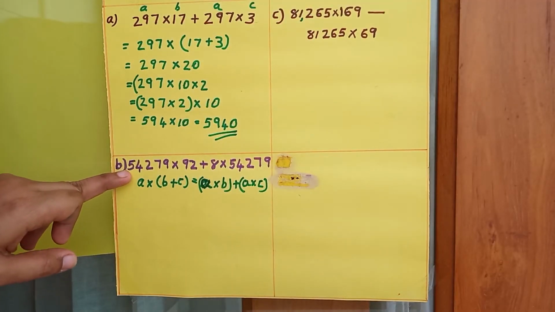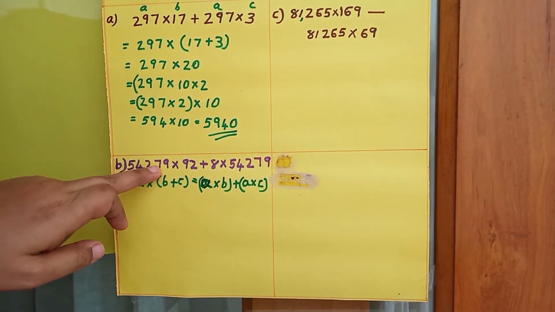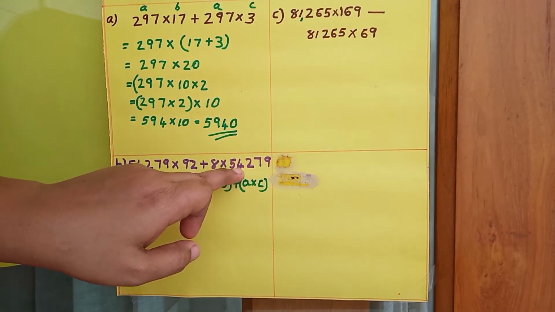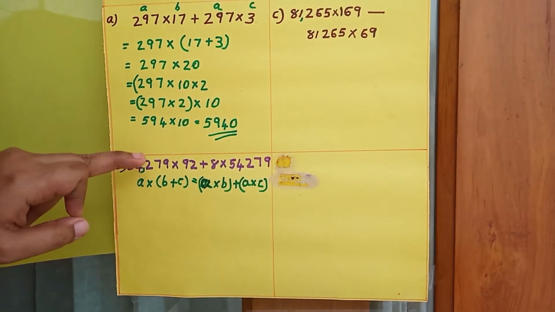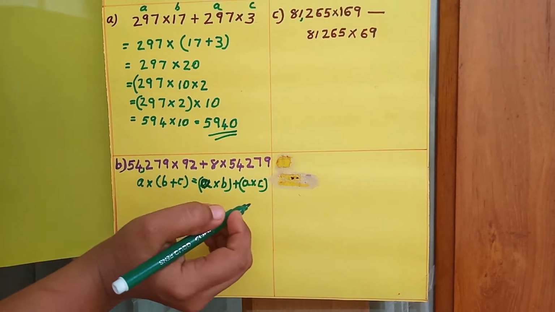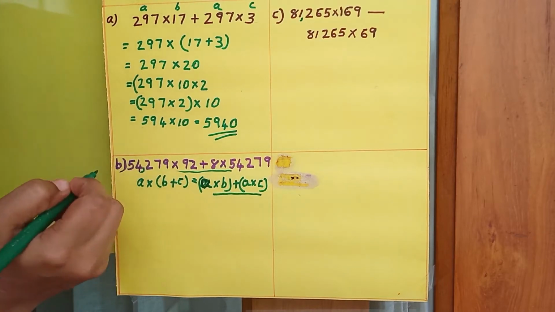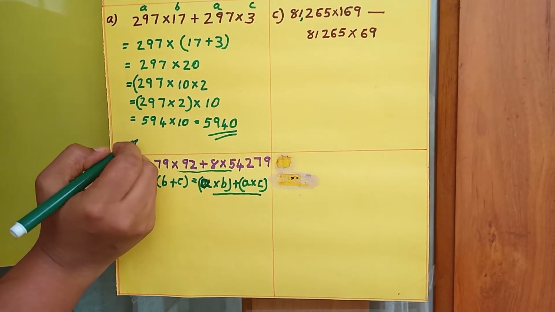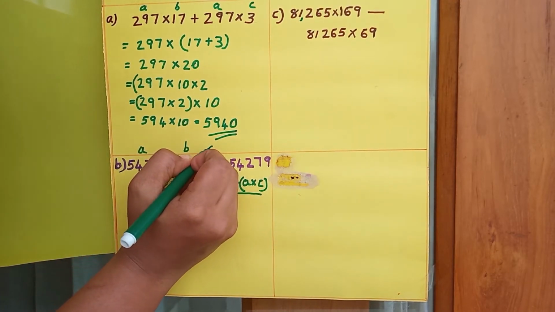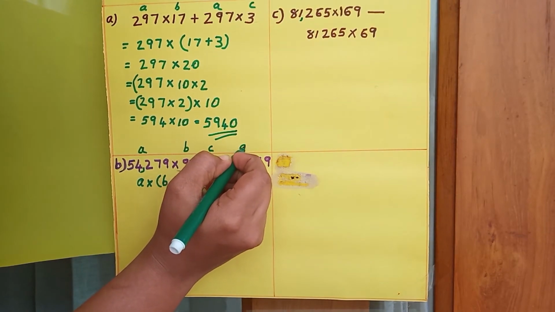Now coming to the next problem, the number is 54,279 into 92 plus 8 into 54,279. Now this is in the form of A into B plus A into C, which is equal to A into B plus C. So 54,279 is our A, 92 is our B and 8 is our C, and again 54,279 is our A itself.